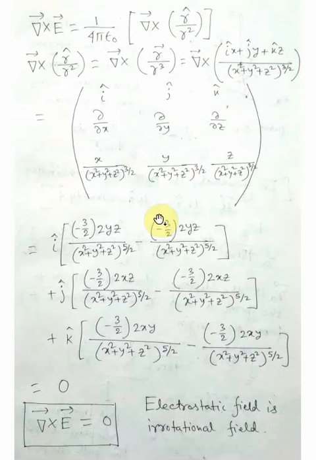So you can see here the x component is x by (x square plus y square plus z square) to the power 3 by 2. So it is a combination of x, y, z. Here also x, y, z, here also x, y, z.